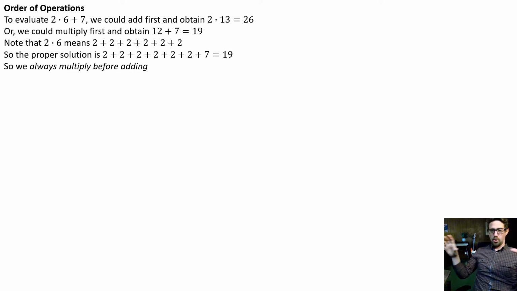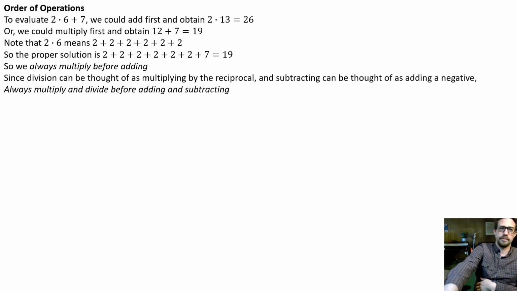So you go through the whole thing, you say, okay, here we got multiplication here, here, and there. We're going to do that first. Okay, so now we're going to expand that and extrapolate that to say we actually multiply and divide everything before we do any addition and subtraction, because those things are always grouped together.